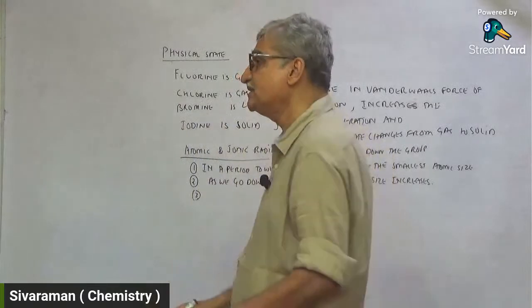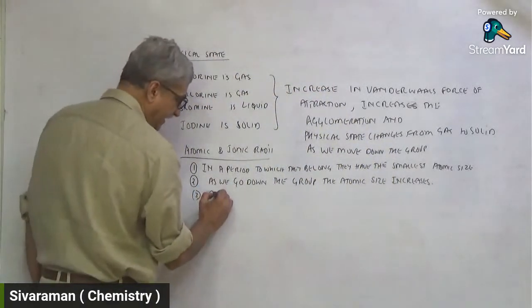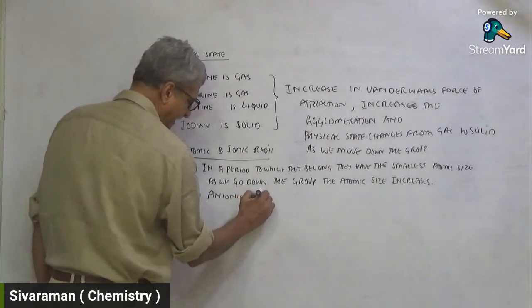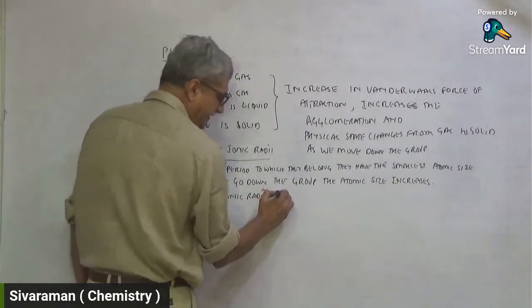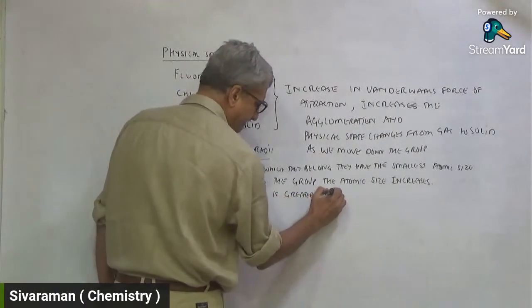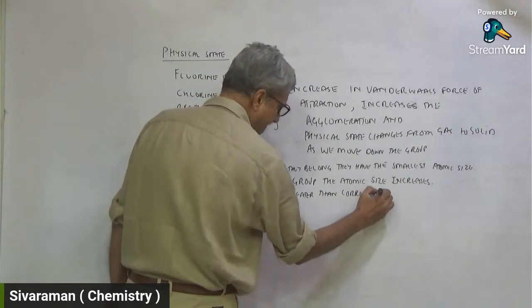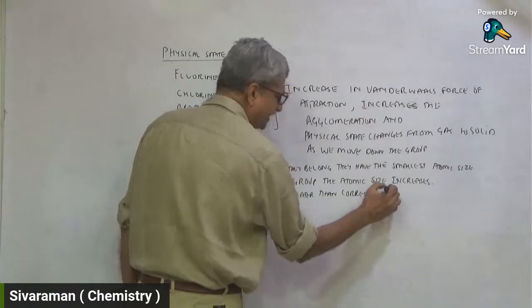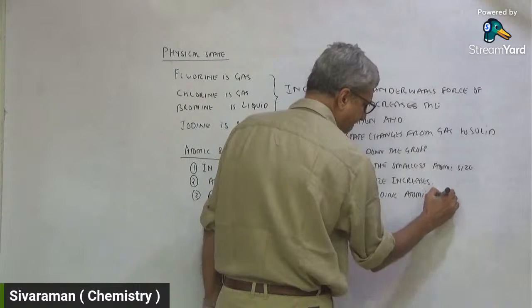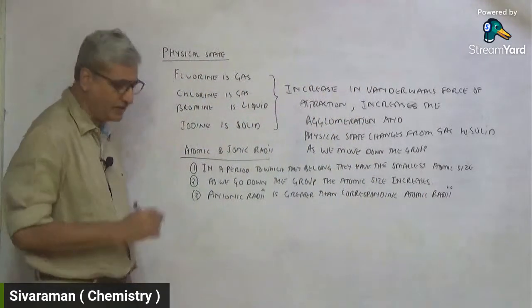The third point is the anionic radii is greater than the corresponding atomic radii.